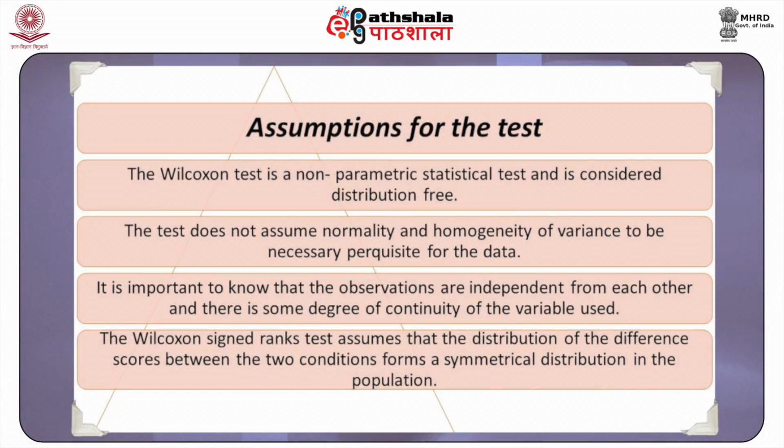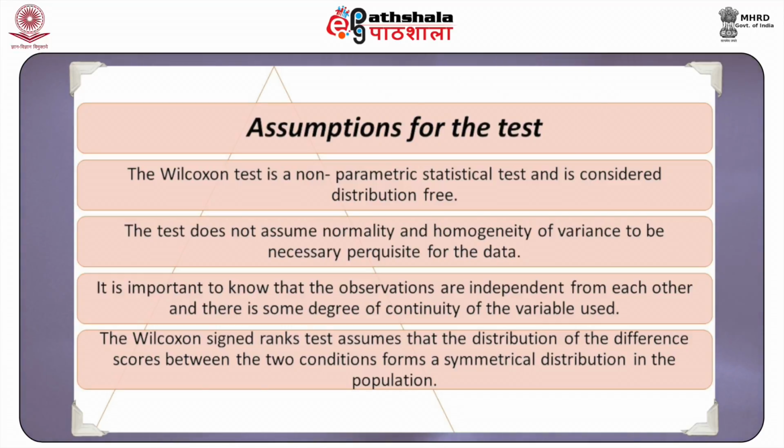Assumptions for the test. The Wilcoxon test is a non-parametric statistical test and is considered distribution free. The test does not assume normality and homogeneity of variance to be necessary prerequisites for the data.